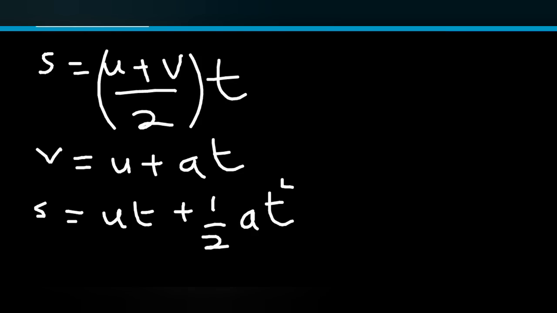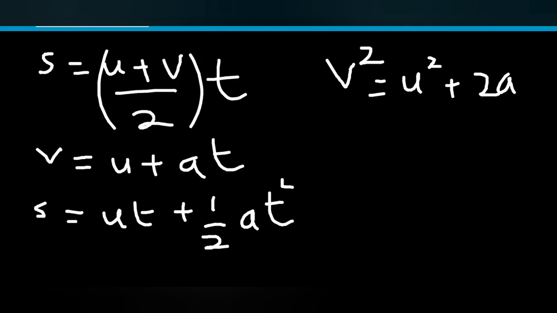And finally, we obtain that v squared equals u squared plus 2as. When using these equations, usually we shall be given three parameters and we will be told to find the fourth parameter. We can use any of the equations to obtain our result.